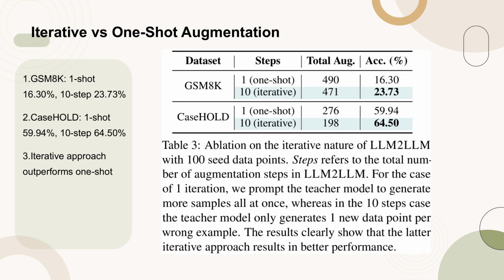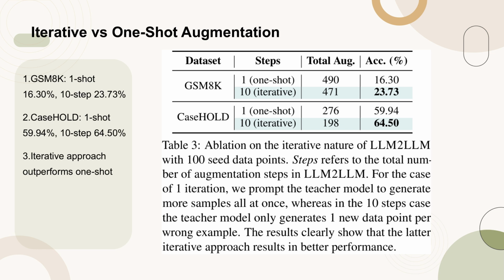Table 3 compares the performance of LLM2LLM's iterative augmentation approach against the one-shot augmentation method using 100 seed data points. The table shows that for the GSM-8K dataset, a one-shot augmentation achieves 16.3% accuracy, while the iterative approach, with 10 steps, achieves 23.73%.